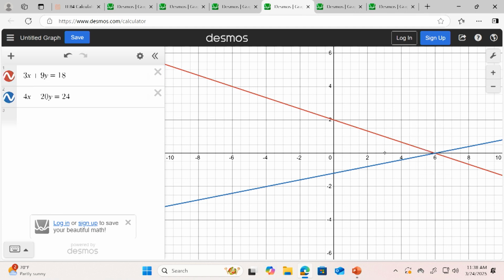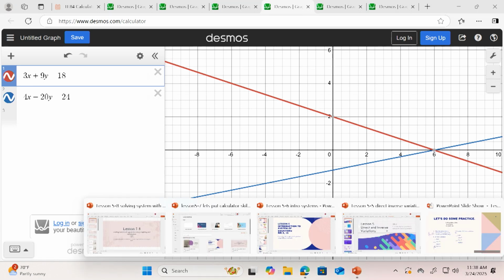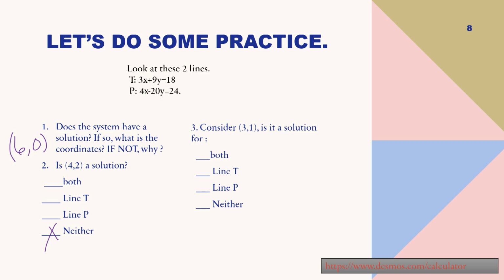Let's see, 3, 1. Nope, it is. It's on our 3x plus 9y equals 18. That's very important that we make sure that we hover over these points to see which line it's going to be on. That was a good learning lesson for us. So it is going to be on line T.